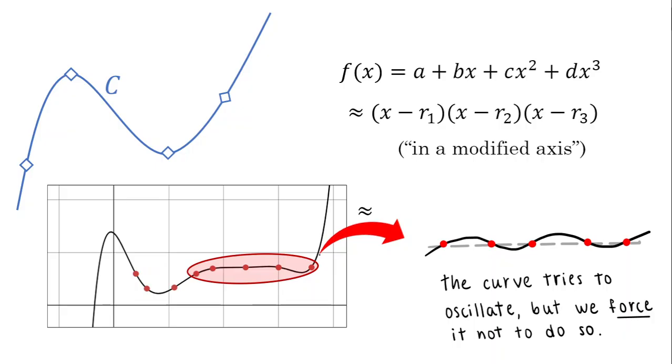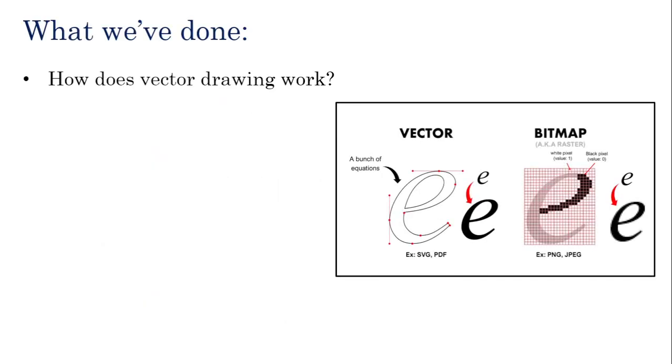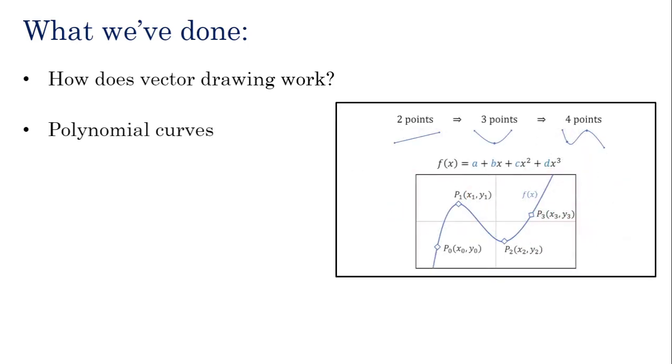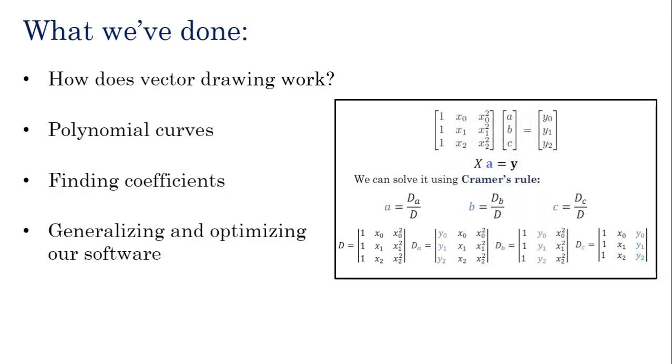To finish, let's recap and reflect on all we've done. We started with a very basic question. How does vector drawing work? That curiosity led us to the project of building a simple graphics tool ourselves. To make that possible, we chose polynomials because they are simple yet flexible enough to define smooth curves. We set up the equations for the polynomial coefficients and quickly realized we needed to solve a linear system. To handle that systematically, we used Cramer's rule, which brought determinants into the picture.